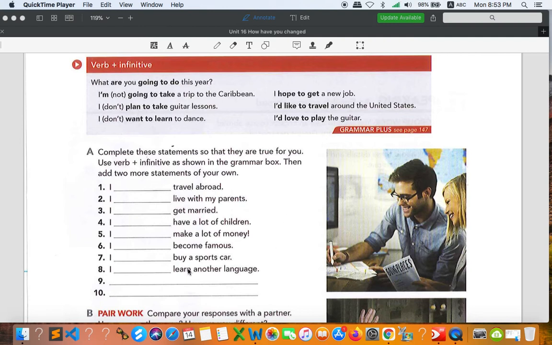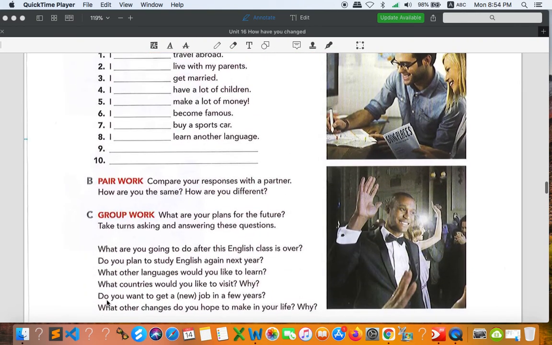These are maybe your future plans that you want to achieve, that you want to have in the future. So you can use whatever grammar points here, everyone, and come up with positive or negative statements with these ideas. Then you can try numbers 9 and 10 with your own ideas, it doesn't matter. All right, so let's go on to the next.